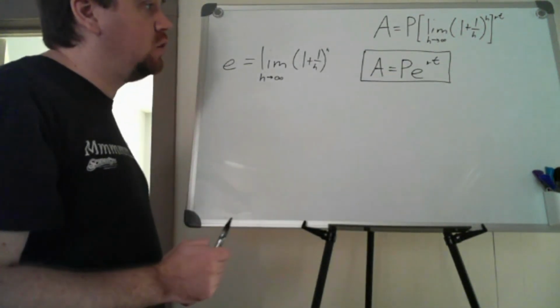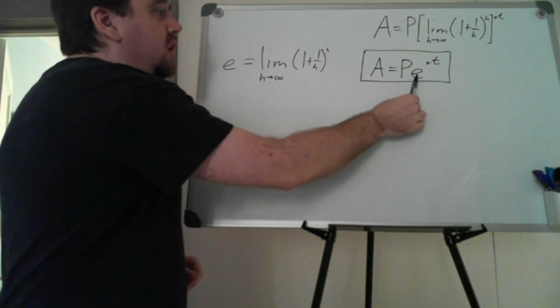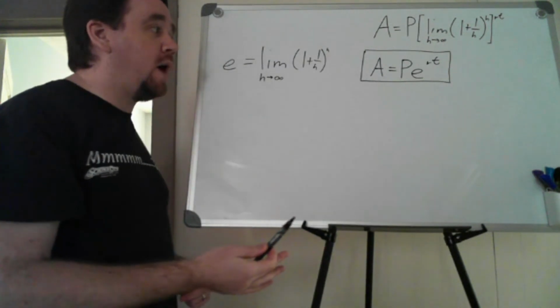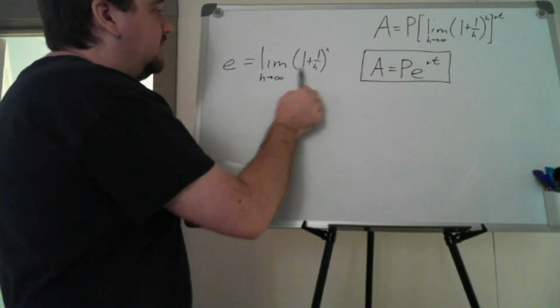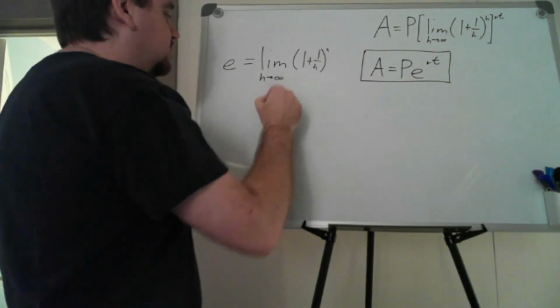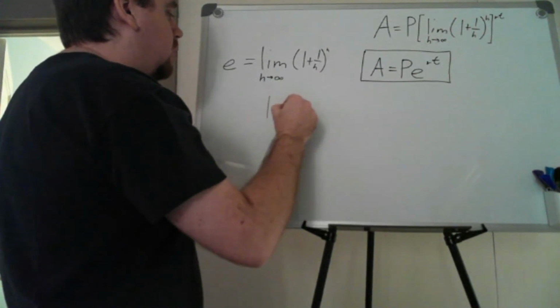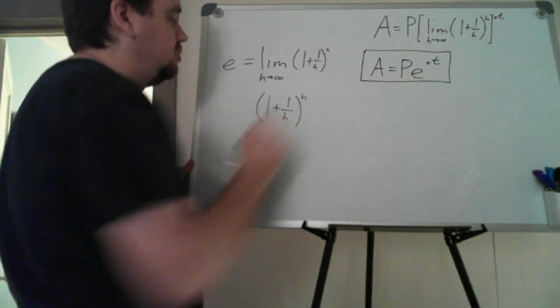Now what's also kind of cool is we can explore what e really means in more of a practical sense as well. So just focusing on e again, that's this limit. Let's just take a look at just this part right here. So this is just (1 + 1/h)^h.